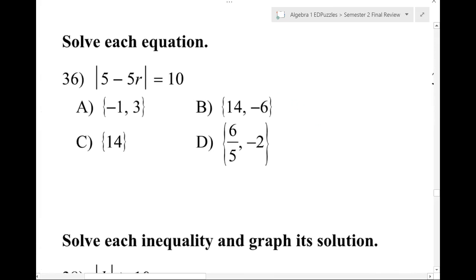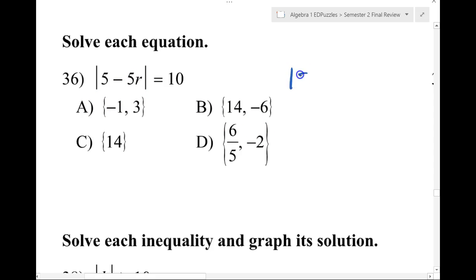Okay, now with absolute value equations, once you've isolated the variables, you want to isolate the absolute value bars here, and basically you don't want like a plus 3 over here, you don't want it 2 times 2 over here. And if that's the case, you can go ahead and split this into 2 equations.